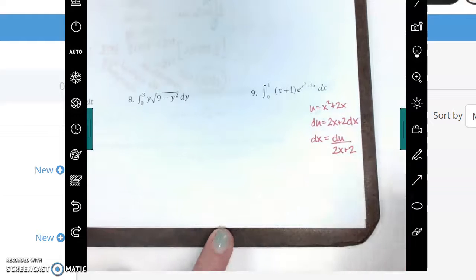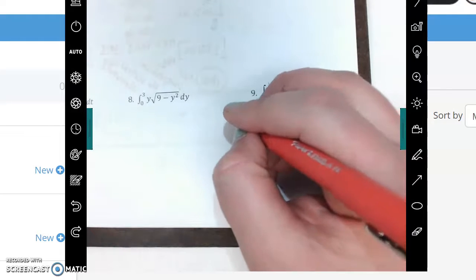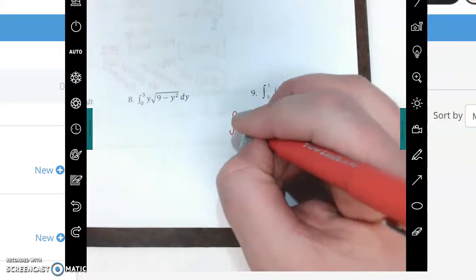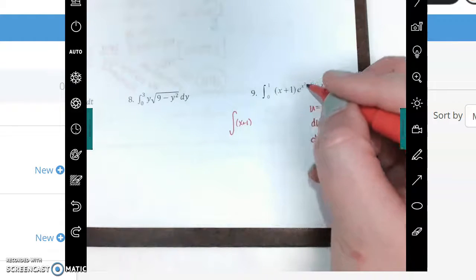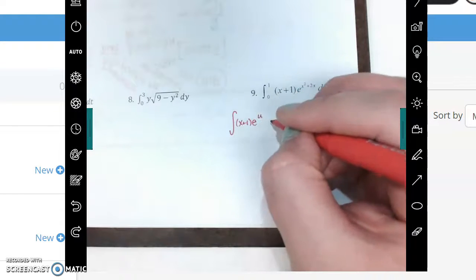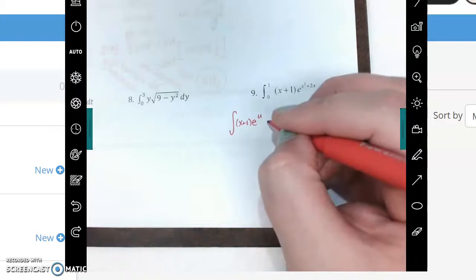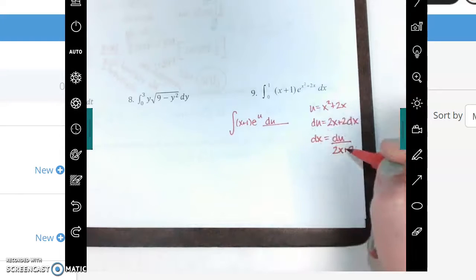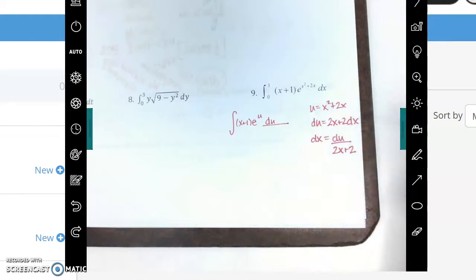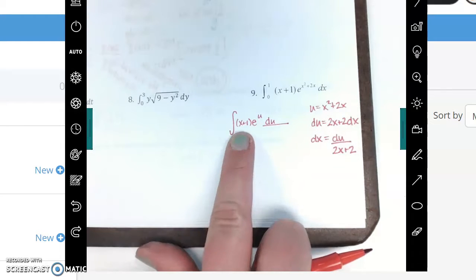So far, so good? Okay, when I rewrite my integral, I have integral of x plus 1 kind of hanging out. This is now an e to the u. And then when I replace my dx, I have du over 2x plus 2. Now, I'm not going to write that because I need it to cancel out with an x plus 1.